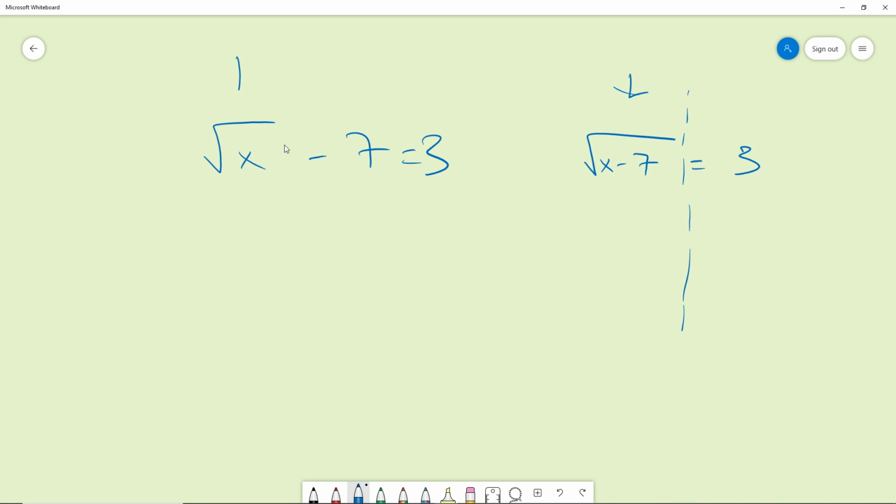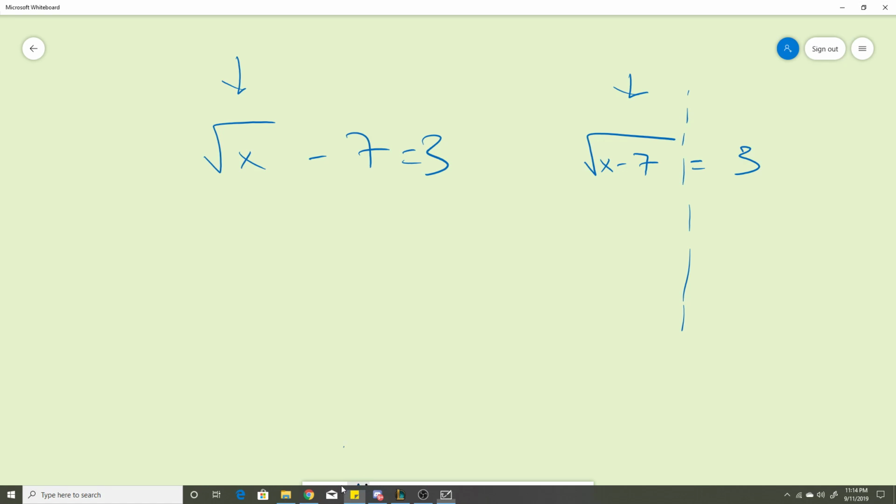The difference between these two, which I've talked about before: if everything is under the root, like in this one, then the root is the first thing that has to go. If only the x is under the root, like this one, then the 7 is the first thing that needs to go.